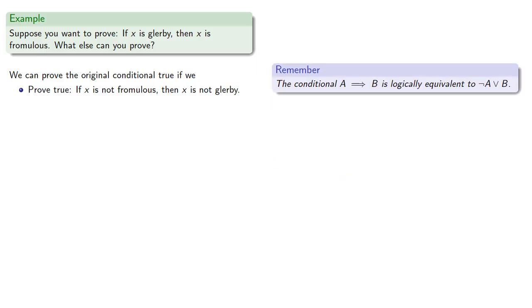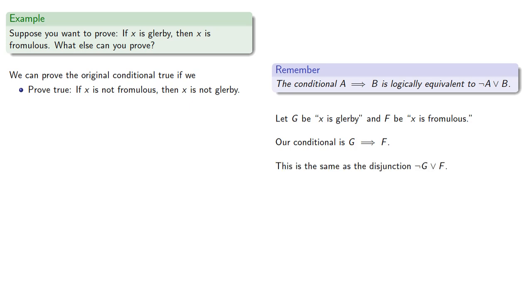Next, remember the conditional is logically equivalent to not A or B, not the antecedent or the consequent. So let G be X is glurby and F be X is fromulous. Our conditional is that if G, then F. This is the same as a disjunction, not G or F. And we could read not G as X is not glurby.